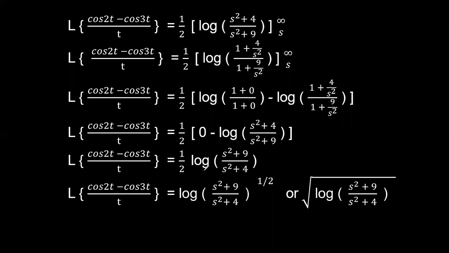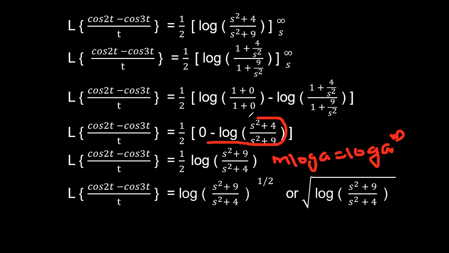Next, we have log of s square plus 9 by s square plus 4, into, for this, the multiplication of 1 by 2. Again this is of the same form, m log a, which can be converted to log a power m. First we simplify the internal part, and that is multiplied by 1 by 2.